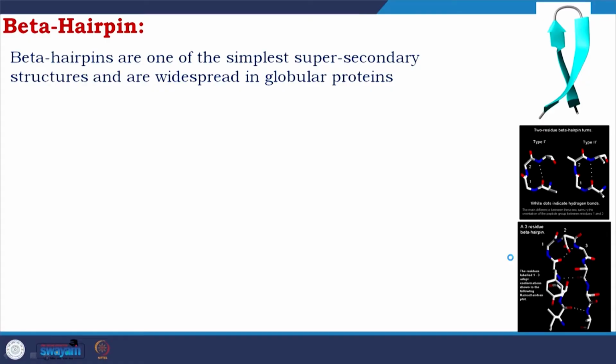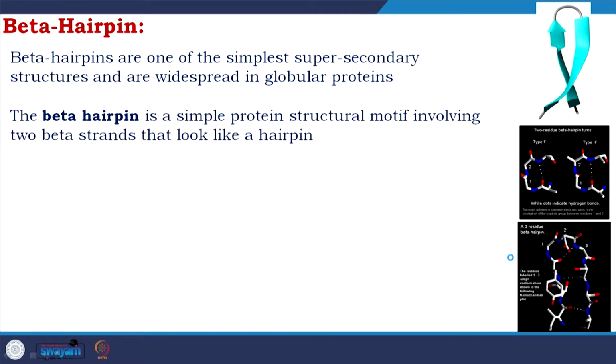Coming to different motifs and their examples, beta hairpin is a very well-known motif. Beta hairpins are one of the simplest supersecondary structures and are widespread, especially in globular proteins. The beta hairpin is a simple protein structural motif involving two beta strands that look like a hairpin.